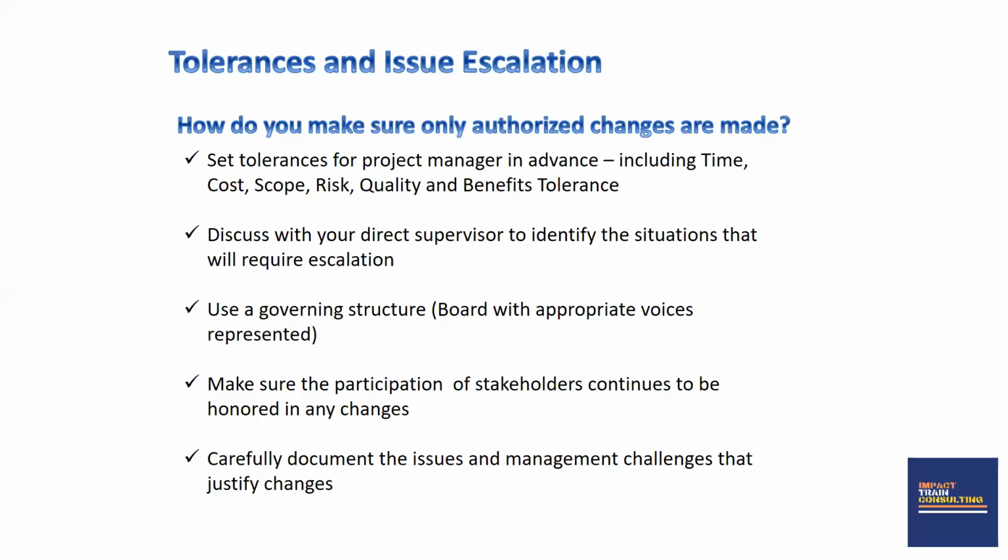Get a board on the project or a sponsor, somebody who will be taking decisions on that project. And then you also need to make sure that the participation of stakeholders continues to be honored in any changes. And you need to carefully document the issues and management challenges that justify any changes that you make on the project.